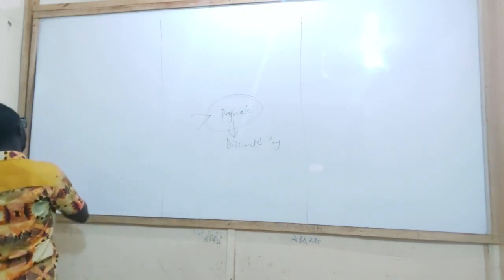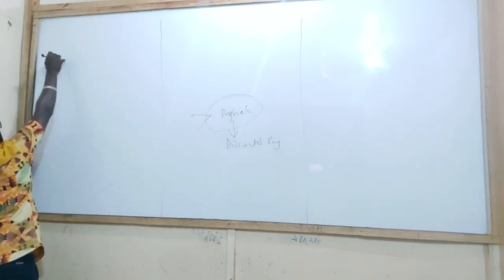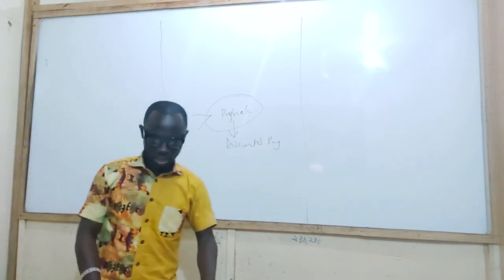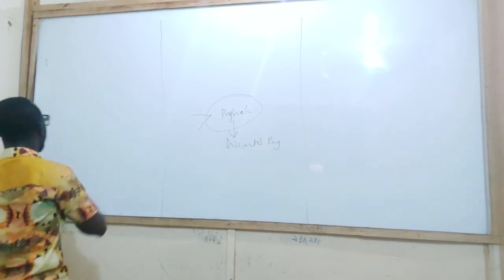So let's move on to the third one, and that is going to be the accounting rate of return, ARR.